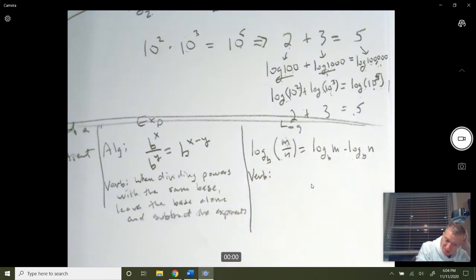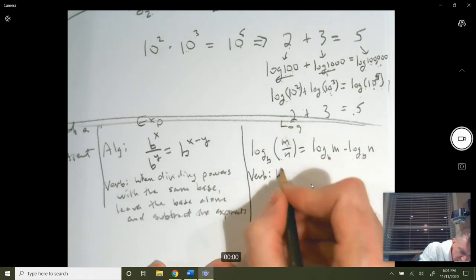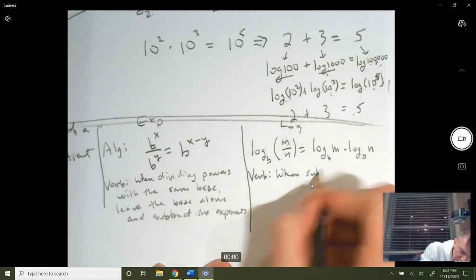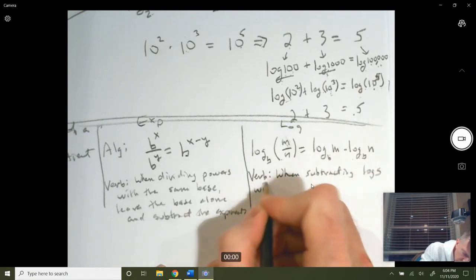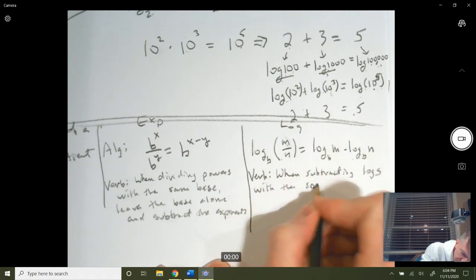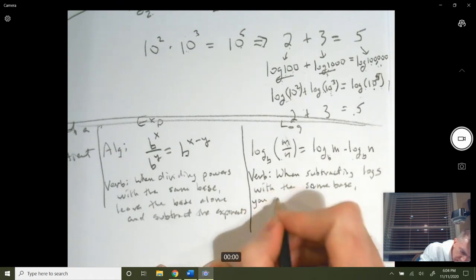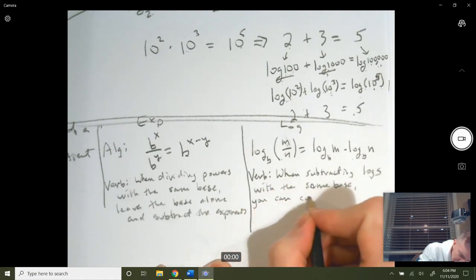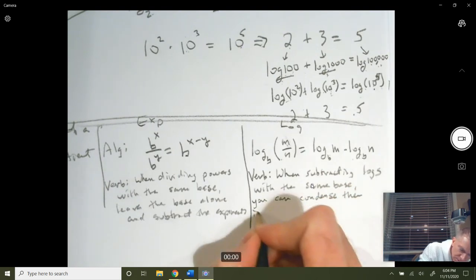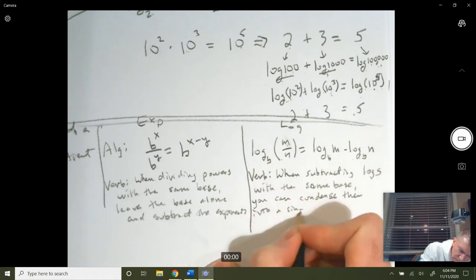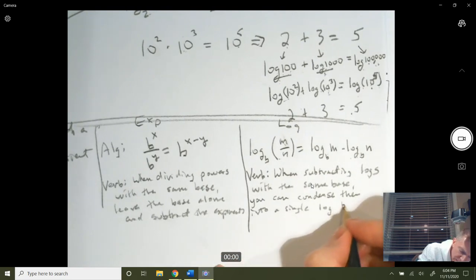Okay, so let's do this in words. I'm going to start from the right to explain. When subtracting logs with the same base, you can condense them into a single log by dividing the arguments.